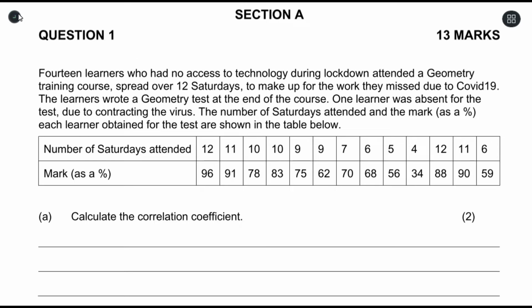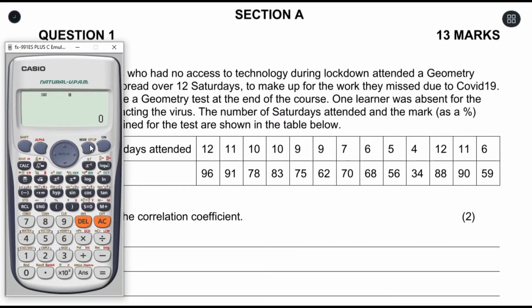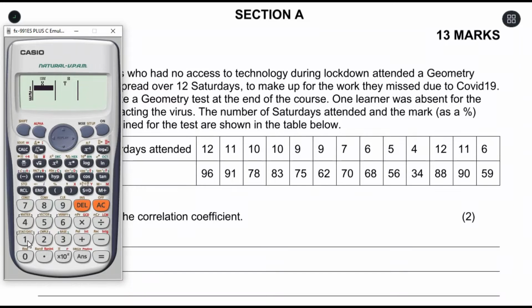So let's bring up our calculator right now. To get your correlation coefficient, we go to mode, we go to stats, then we go to A plus BX, that's 2. Then we just need to input these values, right?